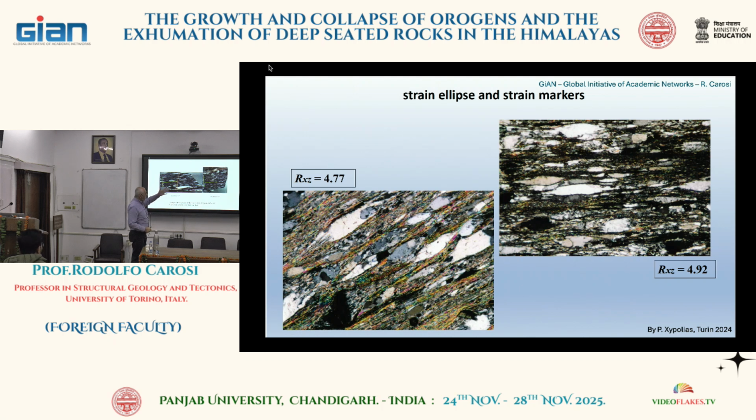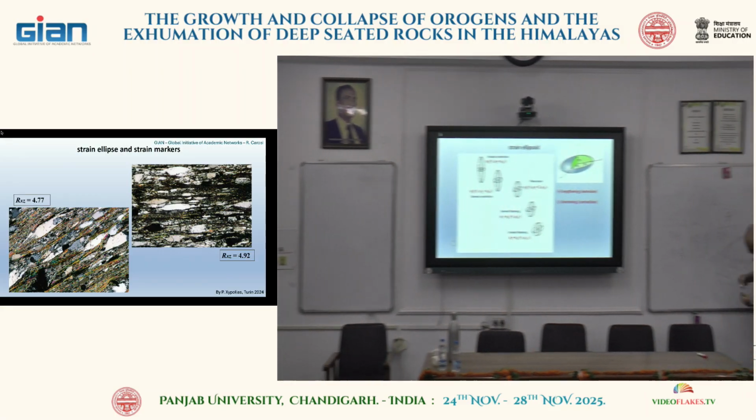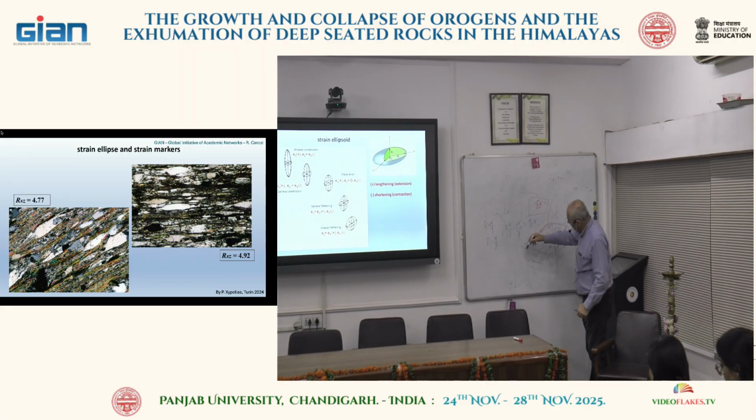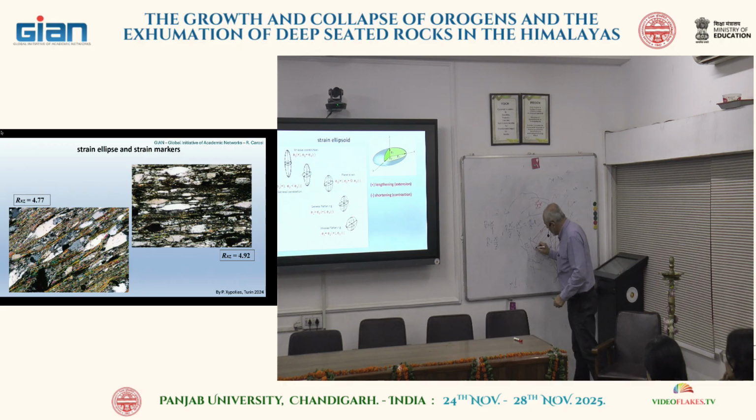So you can also infer the kind of ellipsoid, because if you have elongation in this surface, you are more or less in epsilon z, elongated x, so you are in a pancake ellipsoid more or less. If in this section you observe circular objects, probably you are in a cigar-shaped ellipsoid.